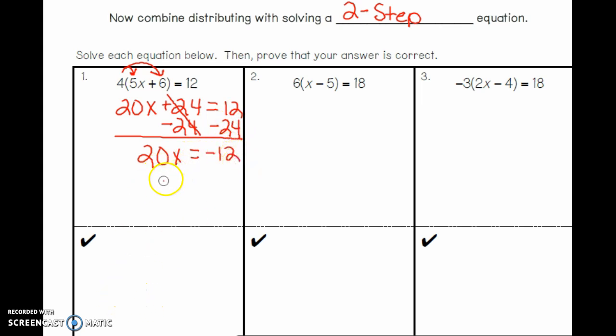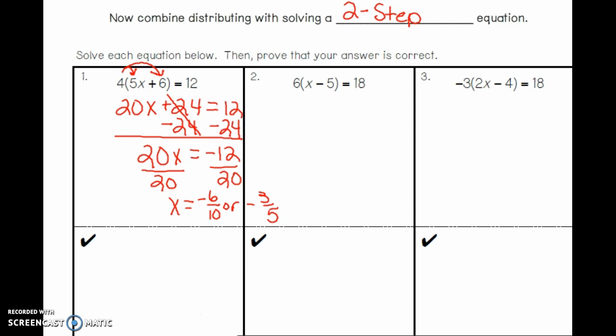Now, 20 and x, remember 20x means multiplication. The opposite of multiplication is division. X equals, now if I were to simplify this on my calculator, I'd probably get negative 6/10 or negative 3/5.